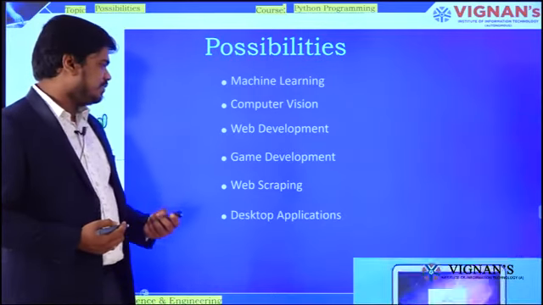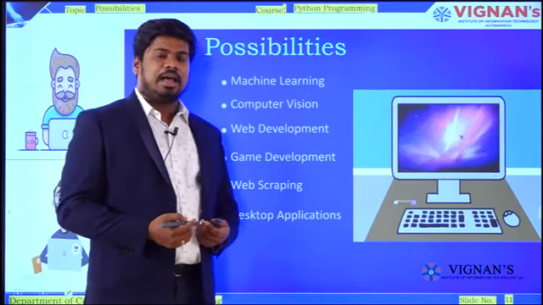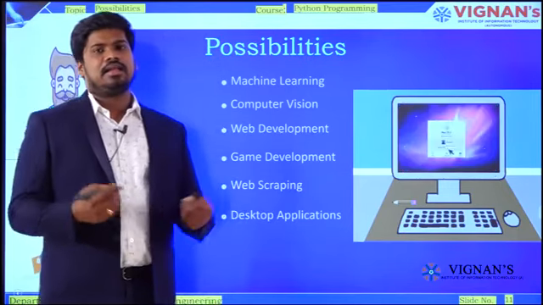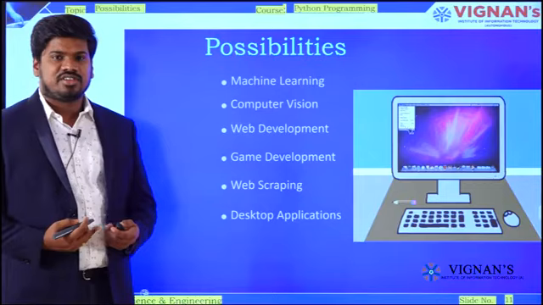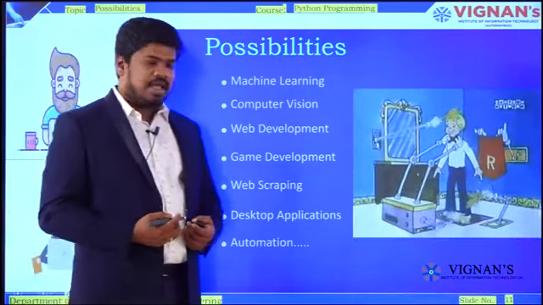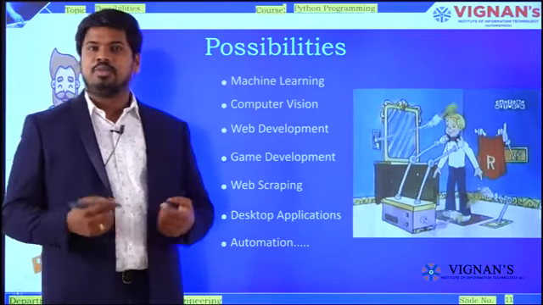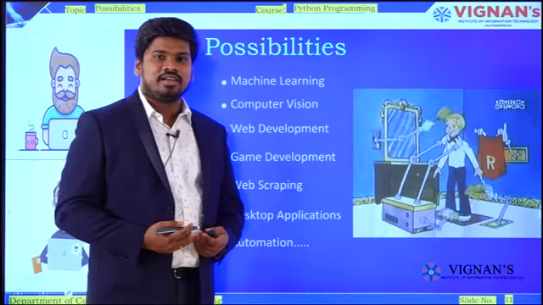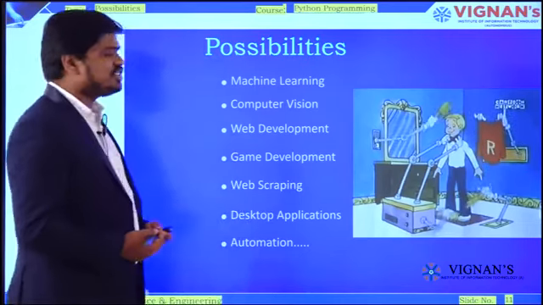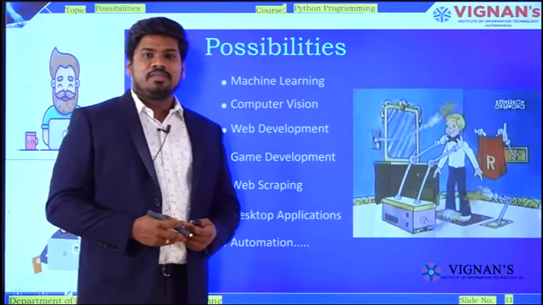Next is desktop applications, which I can happily develop. And the last one is the automation industry. For example, if you want to automate Internet of Things, which is a big boon, there you can make your career. So these are the various possibilities and advantages of learning Python programming.